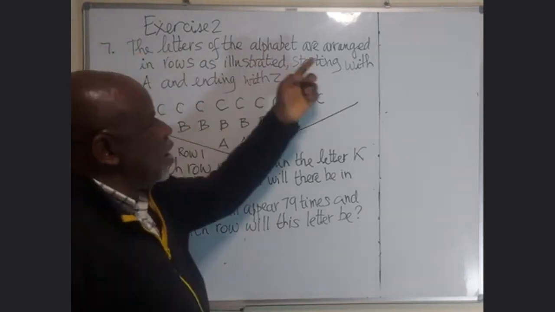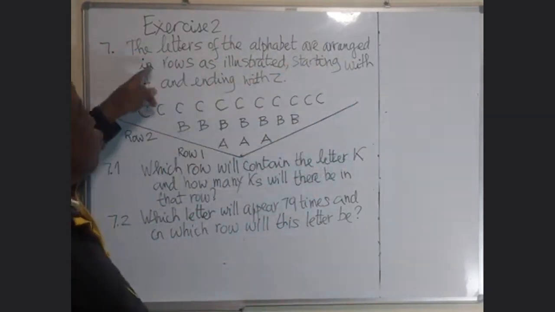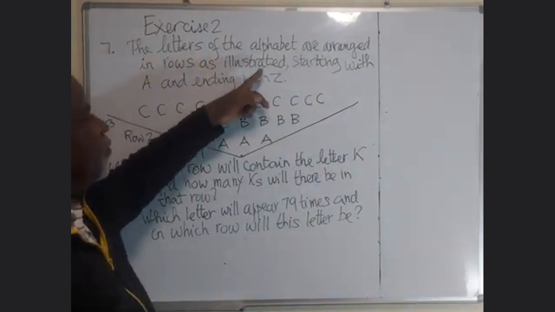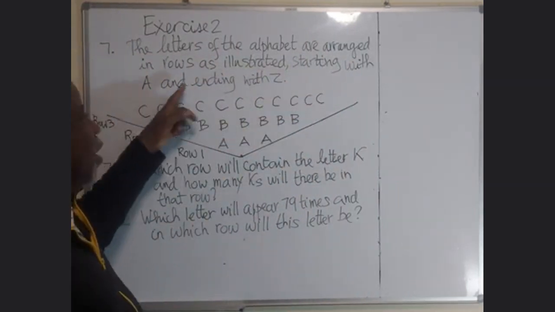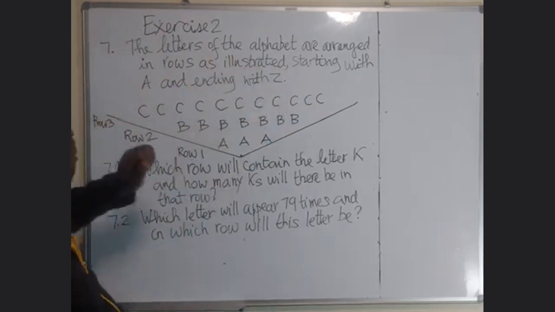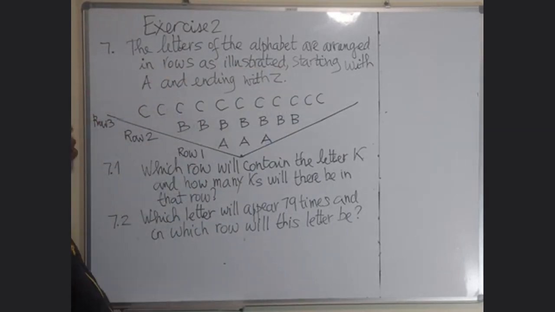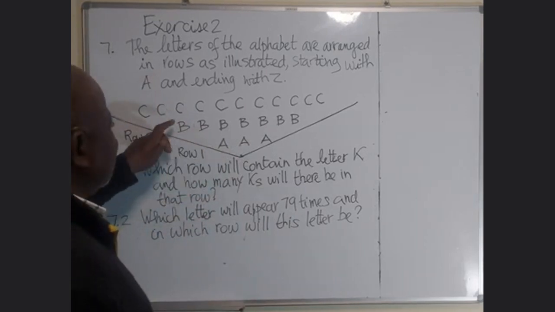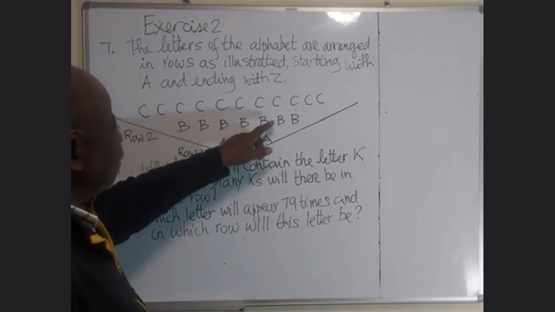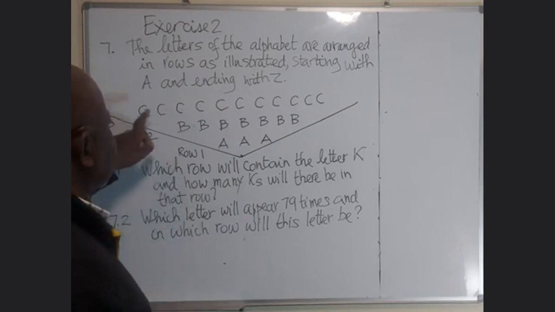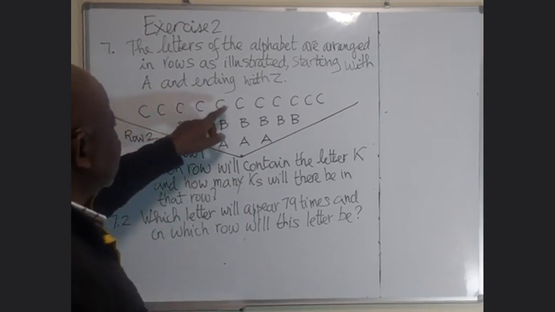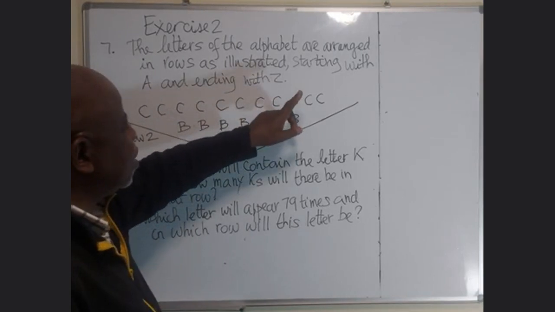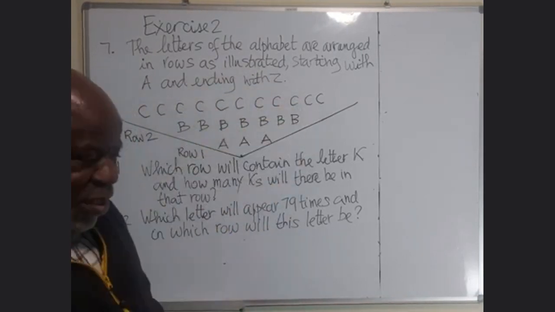The letters of the alphabet are arranged in rows as illustrated, starting with A and ending with Z. As you can see, the way they've given the disposition of the letters: A is 3, B there are 1, 2, 3, 4, 5, 6, 7, and C there are 1, 2, 3, 4, 5, 6, 7, 8, 9, 10, 11.